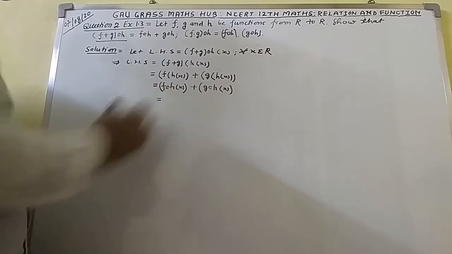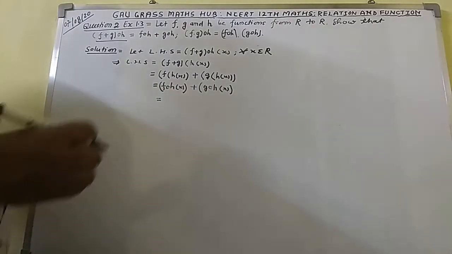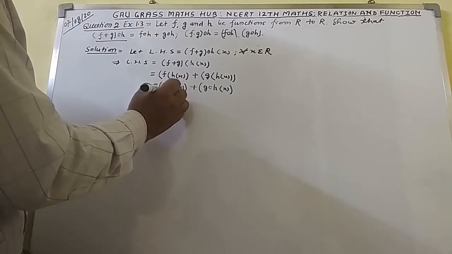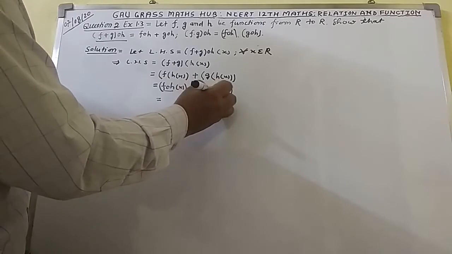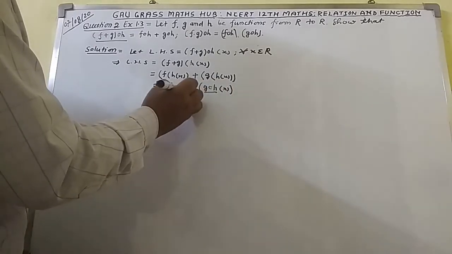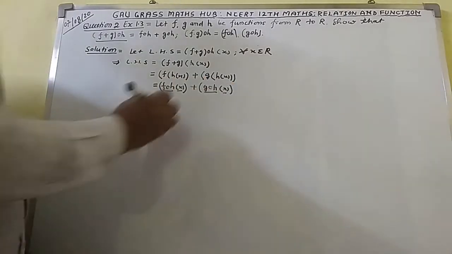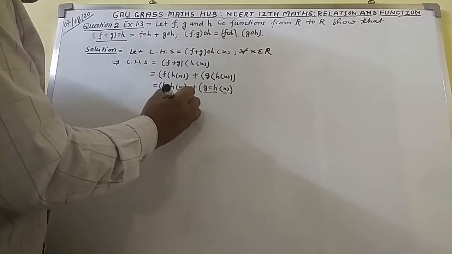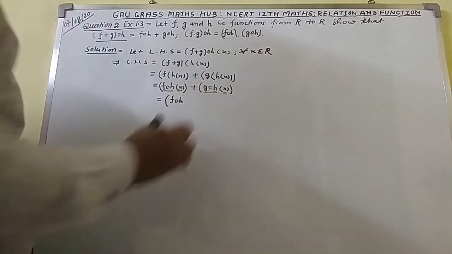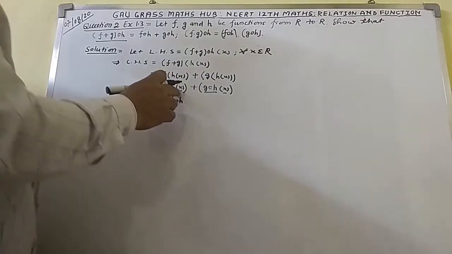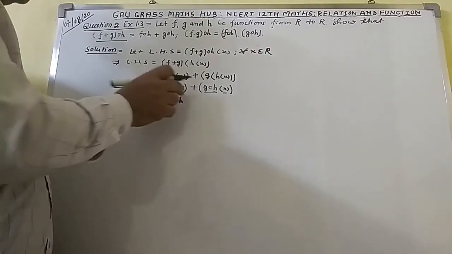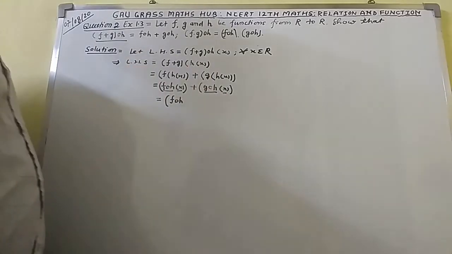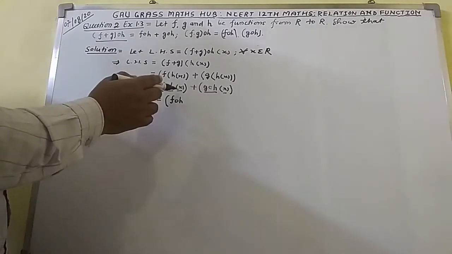Now what will we do again? Here you can see f∘h, g∘h, and small x is there. So here you can take f∘h(x) in the first term, and also small x in the second term. So this small x will be taken as common.